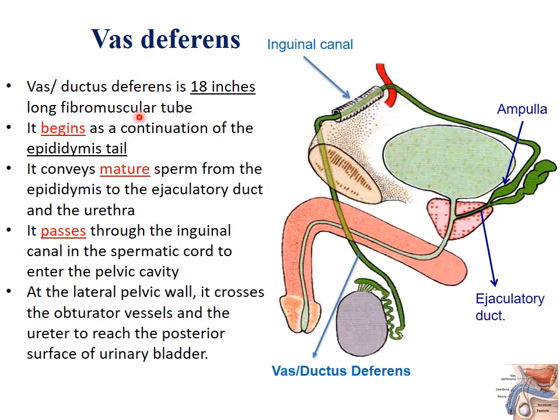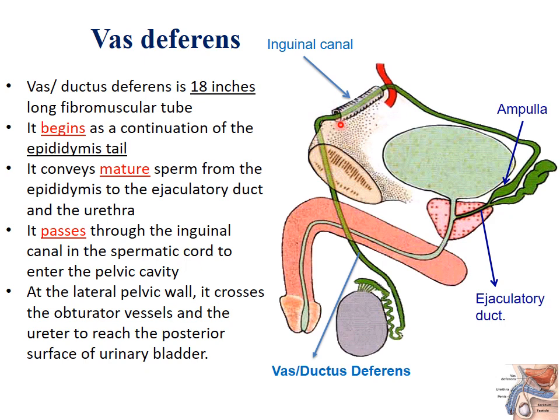Now, after this passing, what is this? Vas deferens is 18 inches long and a fibromuscular tube. So this tube, ductus deferens, is a fibromuscular tube. It begins as a continuation of the epididymis, the tail of the epididymis. It conveys mature sperm from the epididymis to the ejaculatory duct and the urethra. Now, where will it go after going upward?